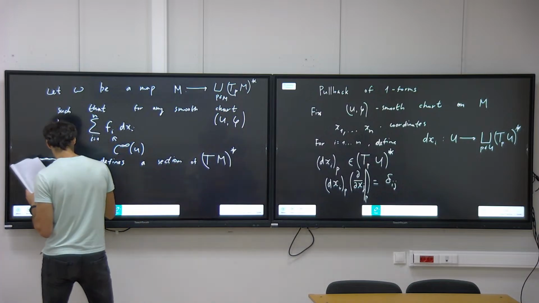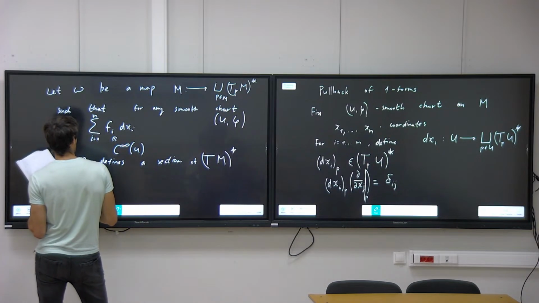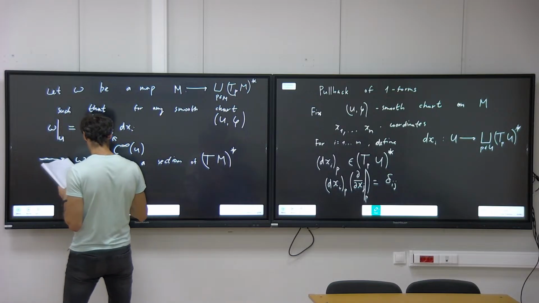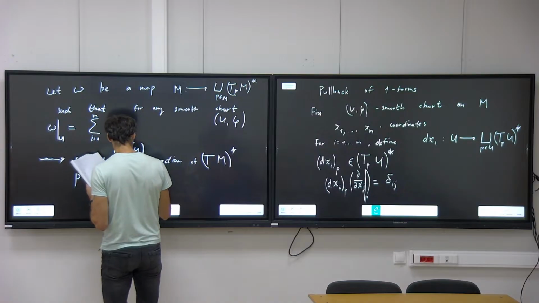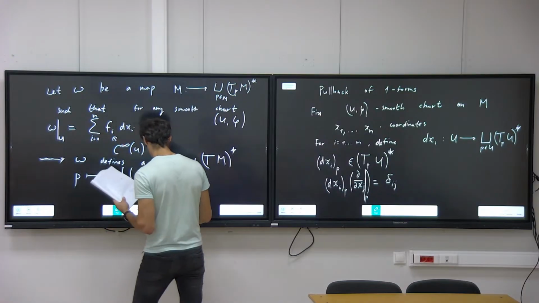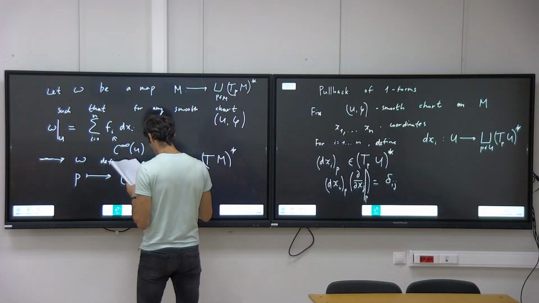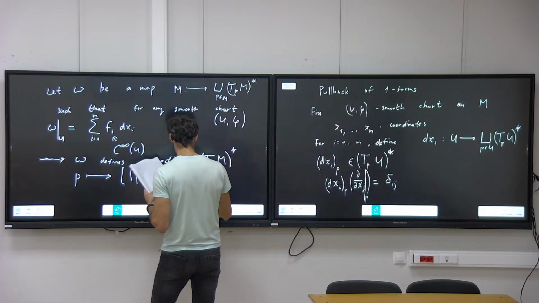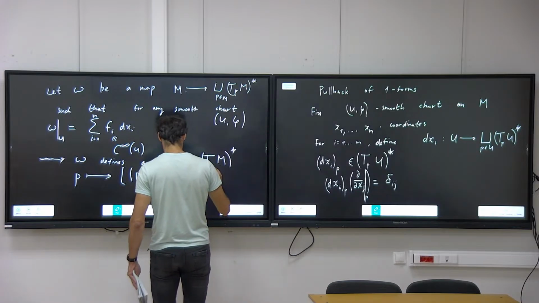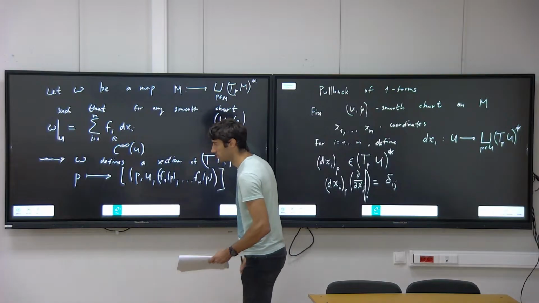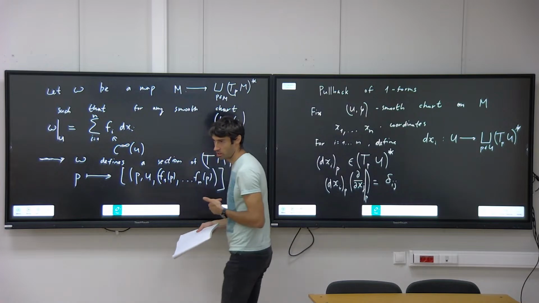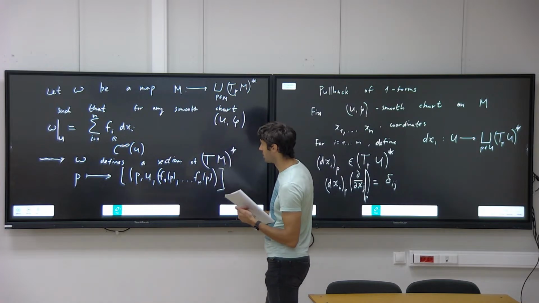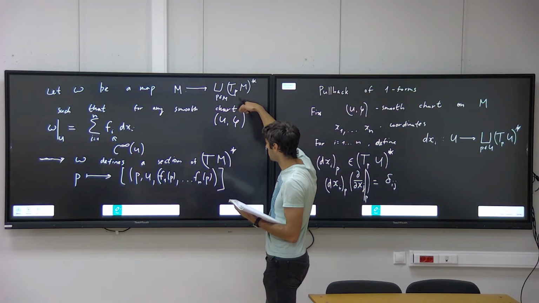I just take P and map it to the class of the following triple: P, U, and then f_1 of P, and so on up to f_n of P. Well, of course U should contain P, and this U should be a smooth chart.